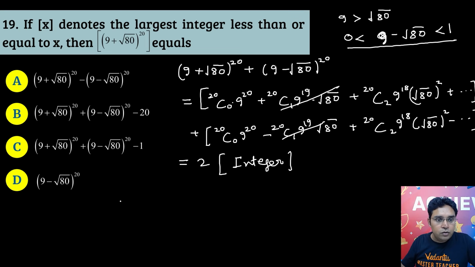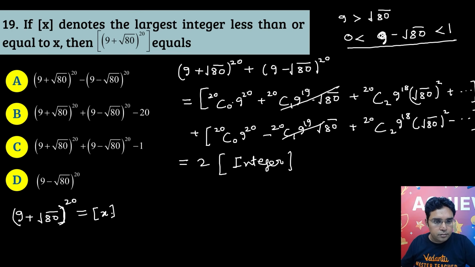Now let us do one thing. Let us write 9 plus root 80 whole raised to the power 20 as integral part I plus fractional part f. I is integral part as they are asking.